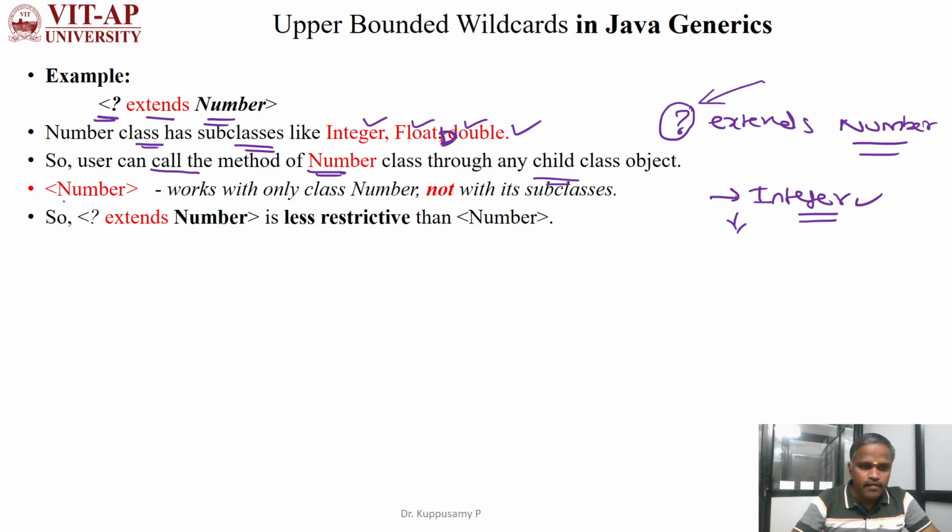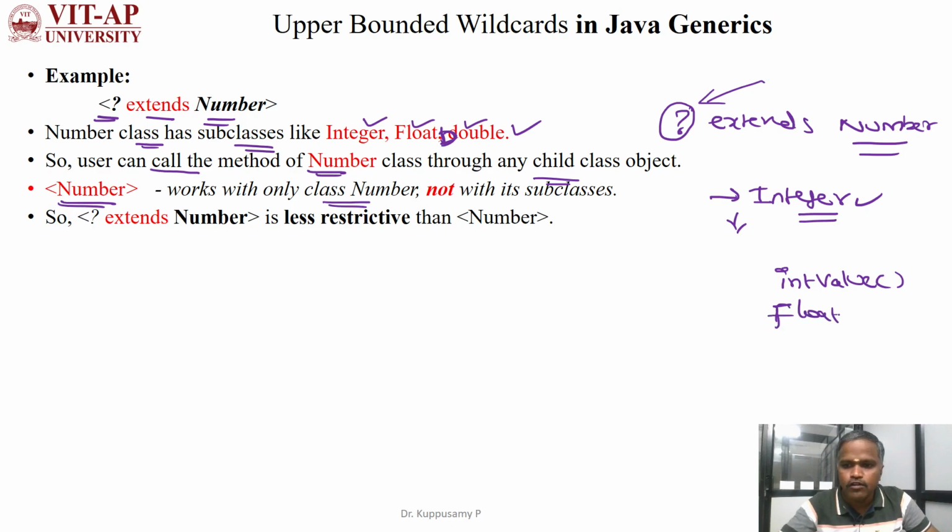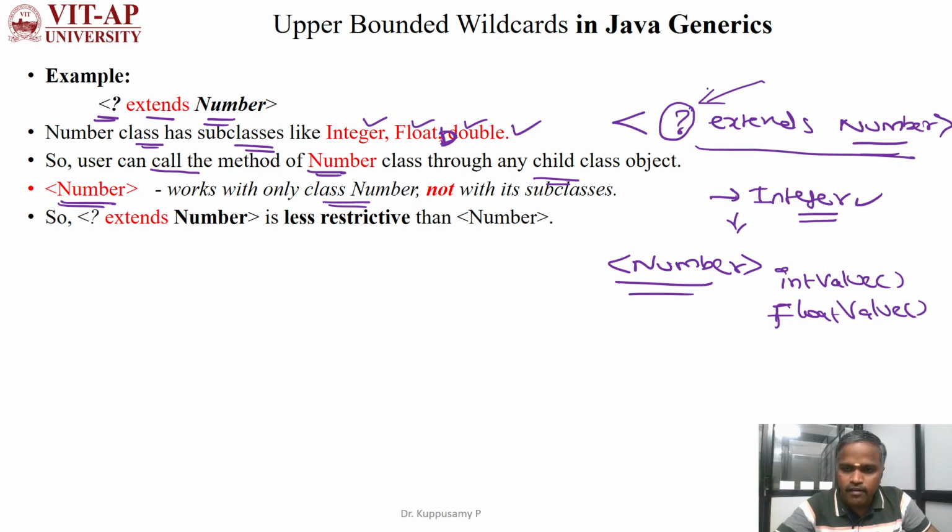When we are using only Number, it will use only the Number class methods. For example, the Number class has methods like intValue, floatValue. So only Number class methods can be accessed when you are using only the class Number inside the angle brackets. But when you are using the statement question symbol extends Number, it will access the subclass features and also the parent class features. Both class features can be used.